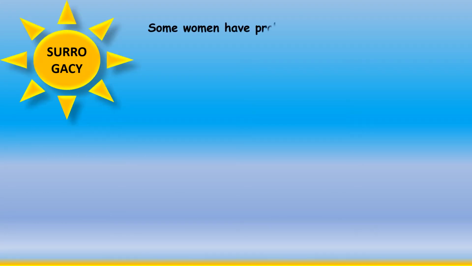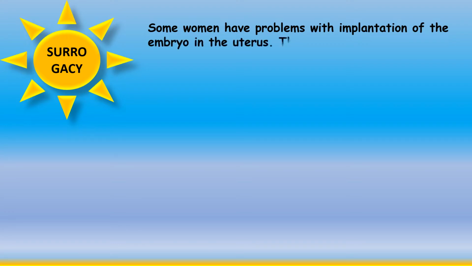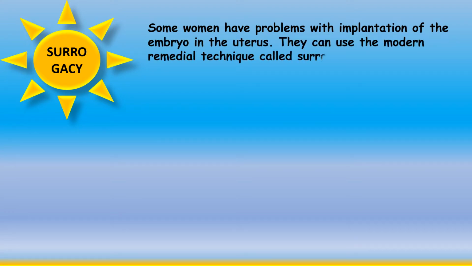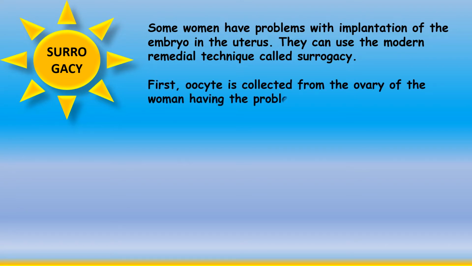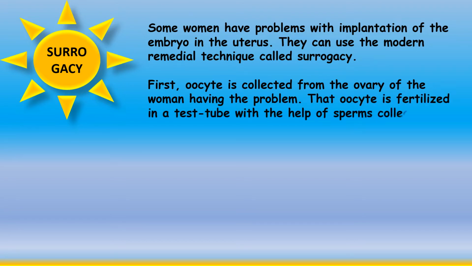Some women have problems with implantation of the embryo in the uterus. That means there will be fertilization, the embryo will be formed, but they are not able to hold that embryo in the uterus. These women can use the modern remedial technique called surrogacy. First, the oocyte or the female gamete is collected from the ovary of the woman having this problem. And that oocyte is fertilized again in a test tube with the help of the sperms collected from her husband.